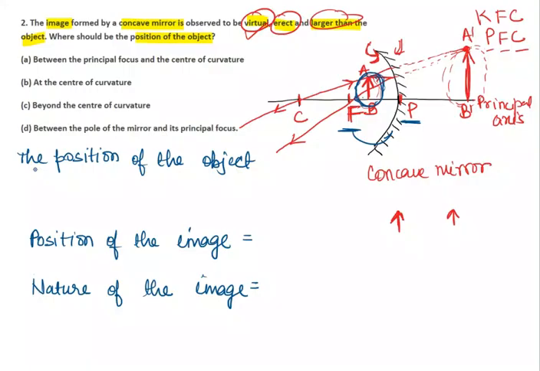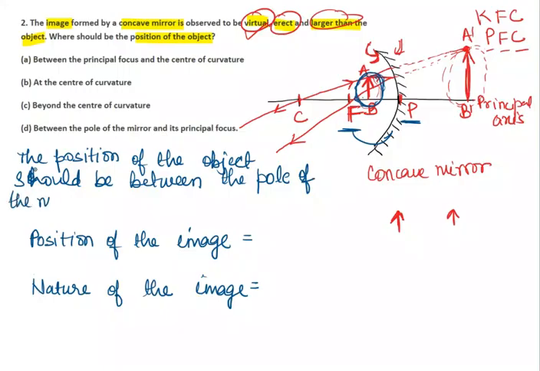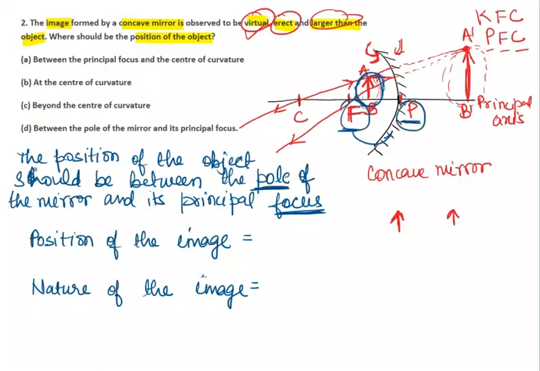So the position of the object should be between the pole of the mirror and its principal focus. These are the keywords: this is focus and this is pole.